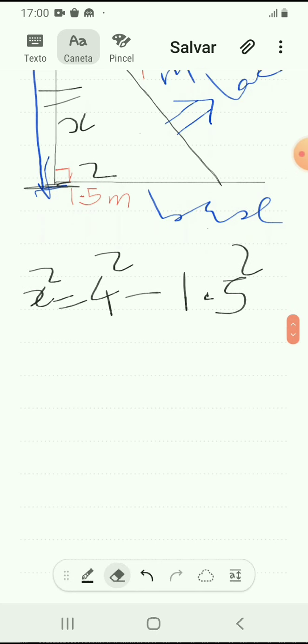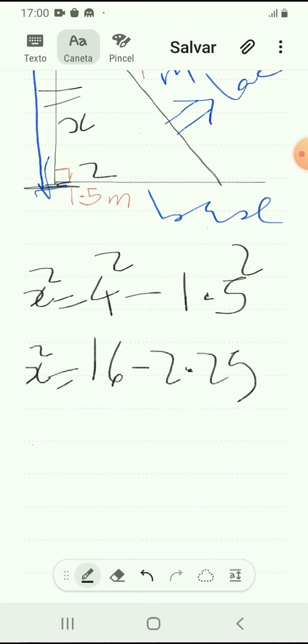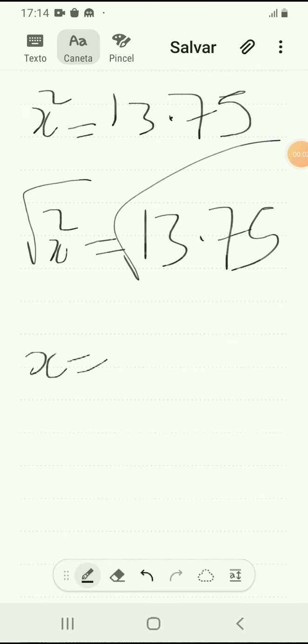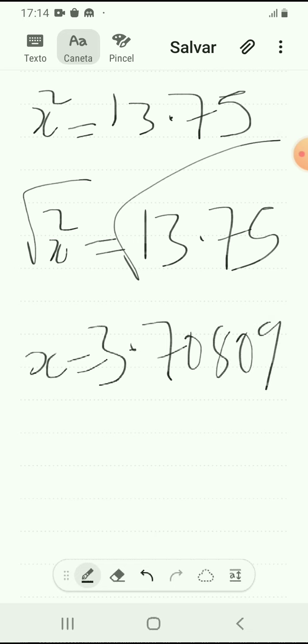So it becomes x squared is equal to, this is 16, this is 2.25, right? So x squared gives us 13.75. Yeah, so guys, x becomes 3.70809. It continues, right? It's a recurring decimal.